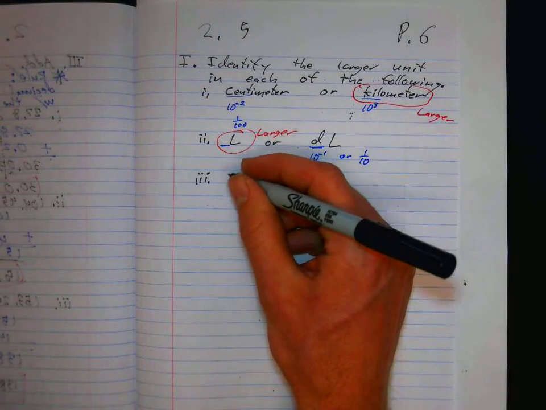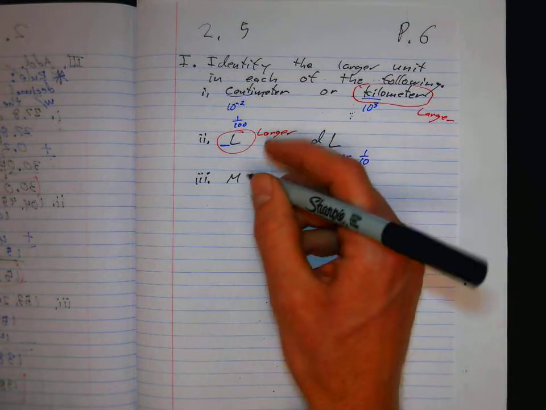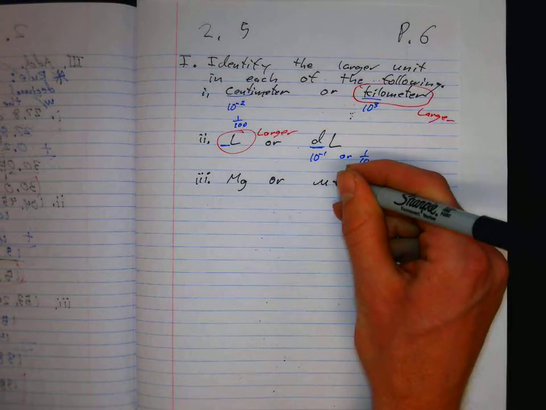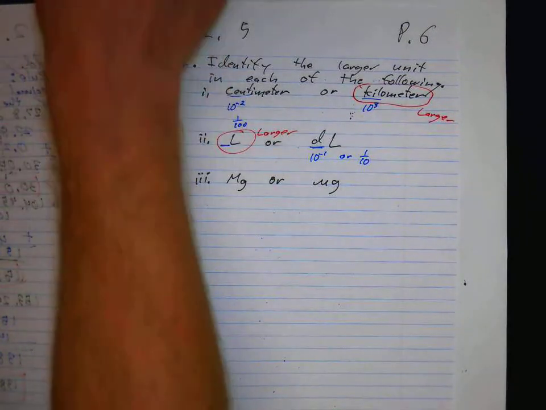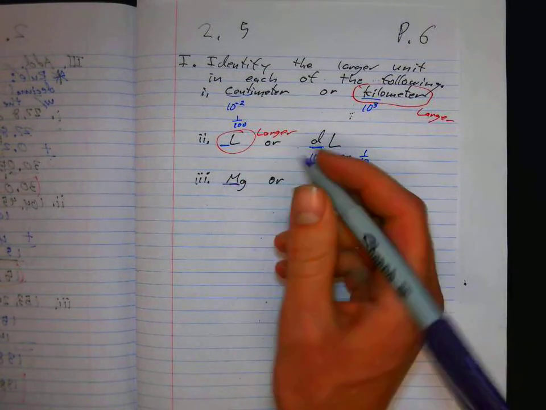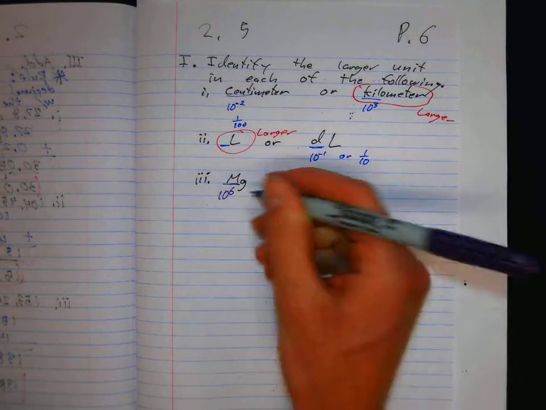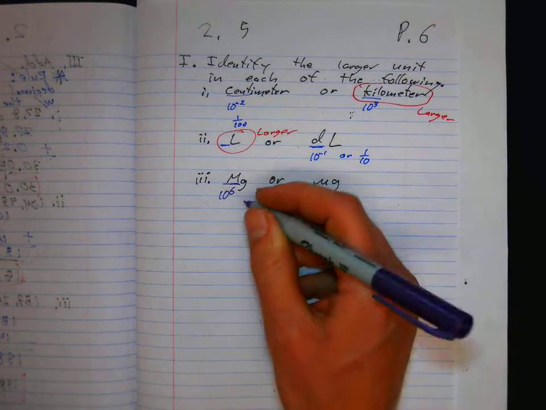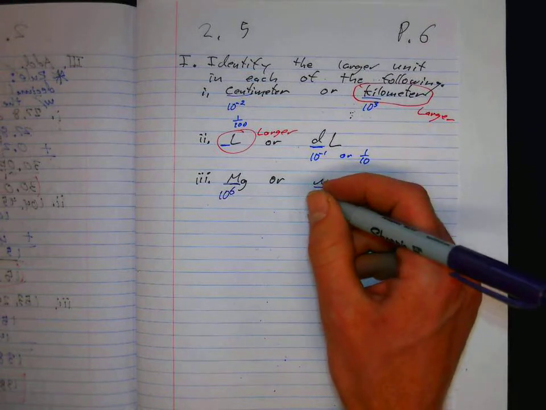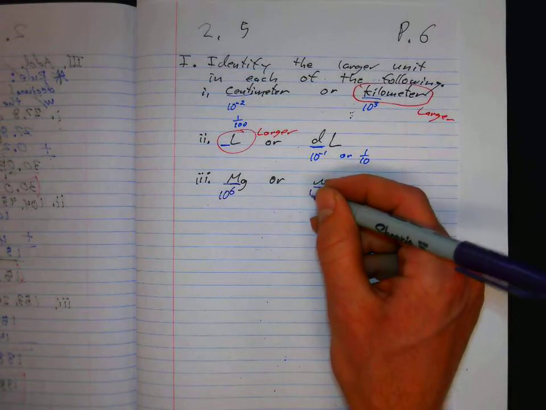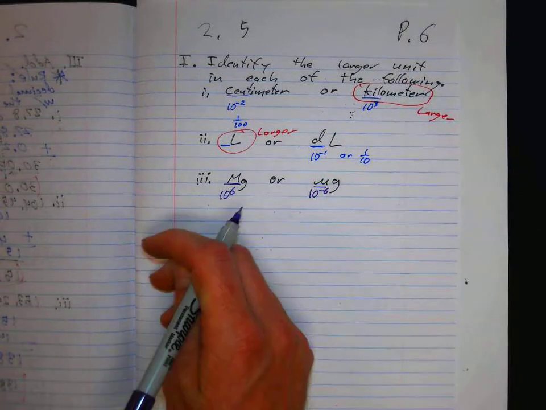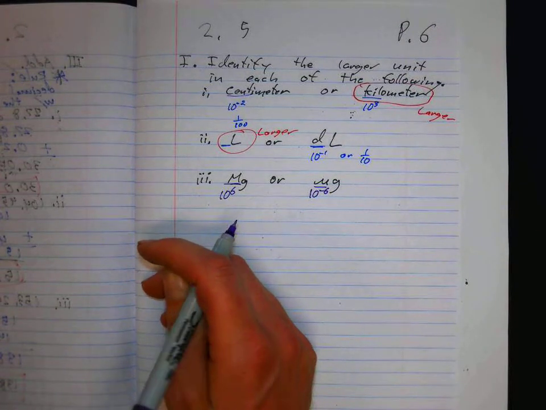And number 3, we have megagram or microgram. Mega means 10 to the 6 or 1 million, and micro is 10 to the negative 6 or 1 millionth.